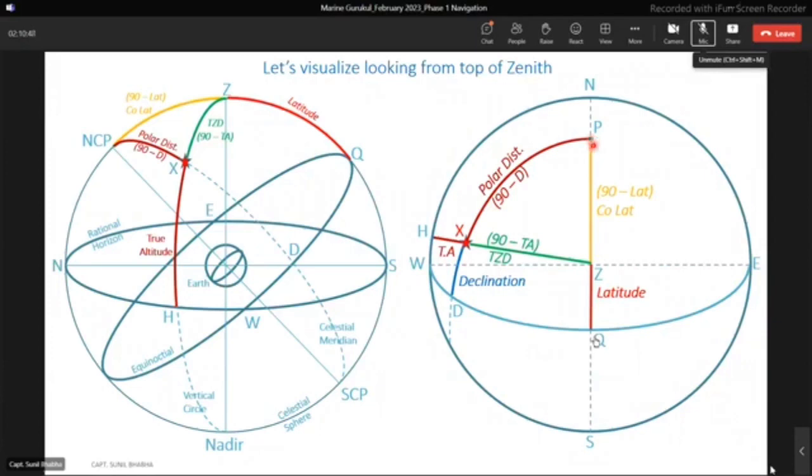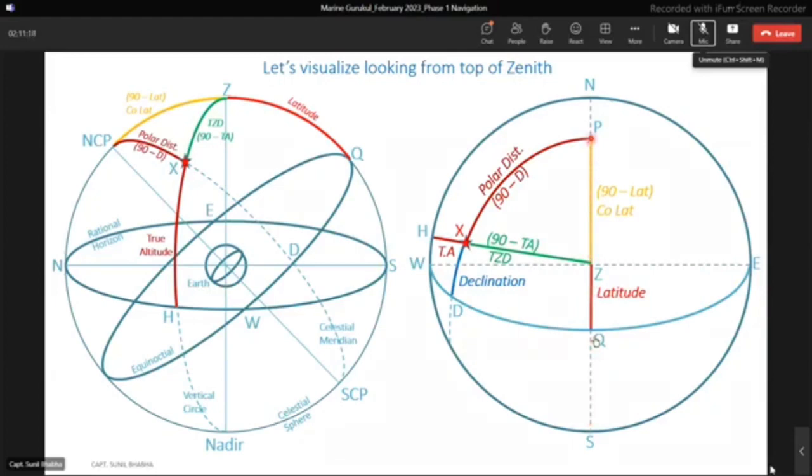Now if you look carefully, the line PZQS represents the celestial meridian of the observer. So pole to zenith to Q point to S point represents the celestial meridian of the observer.